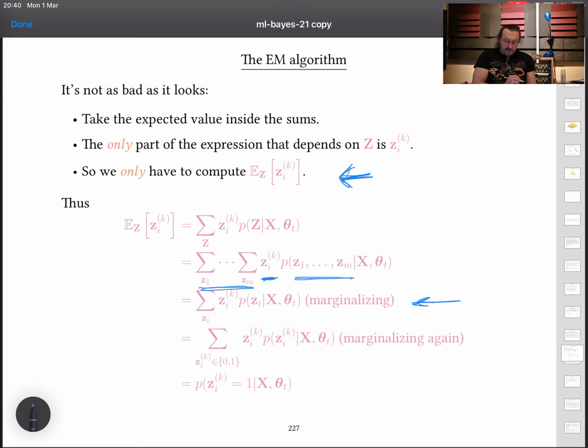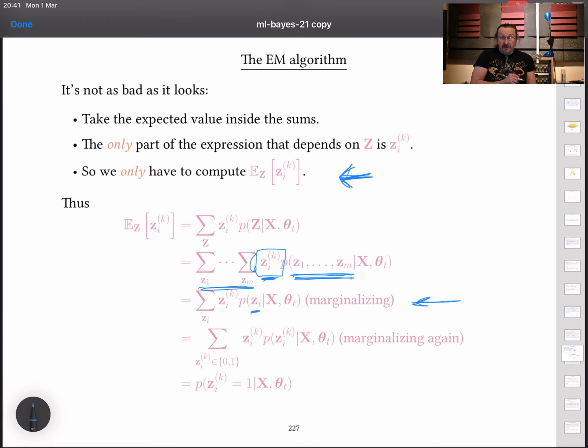Or another way to think of it is that this will come out of the sum for every sum except the one that's summing over z sub I. And those will then marginalize out the corresponding z's here. So we end up with just the ith one.